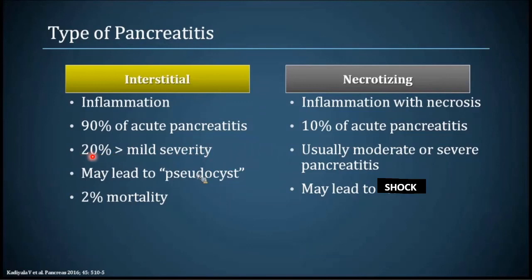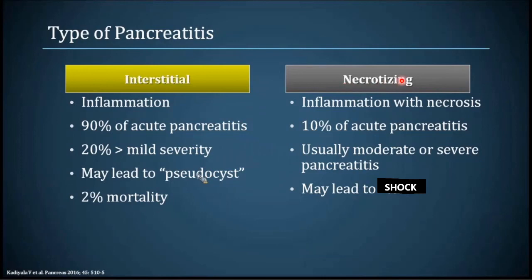Okay, 20% of them are mild severity and may lead to pseudocyst formation with a mortality of 2%. So generally, interstitial is a milder form of acute pancreatitis, with lower mortality.